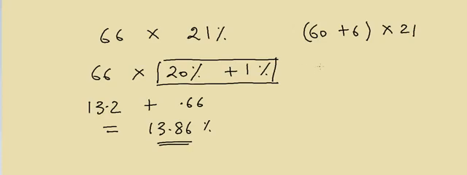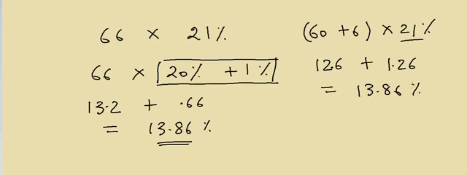In that case we can just say 60 into 21%, that is 12.6, and 6 into 21% is 1.26. So we can add them together and that will be equal to 13.86. So this is only about how you are making the calculation easier.